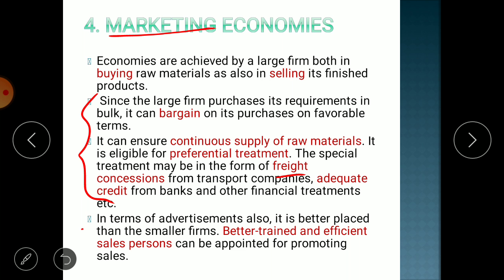One more reason is that because of purchasing economies, the large firm is able to sell at a lower price, and you know that if price is less, demand will be more. Take the example of small firms, they don't have the purchase economies, so their purchase cost is more. That is why they are selling at a high price, and if you are selling at a high price, demand will be less.